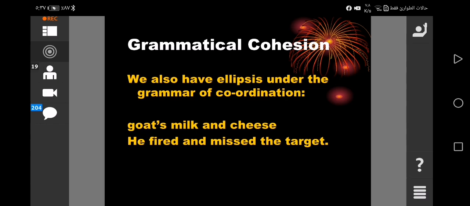So this coordinating expression, goat's milk and goat's cheese, he fired and he missed, is the coordinating expression that facilitates the omission of the second expression. It makes possible the omission of the second expression.